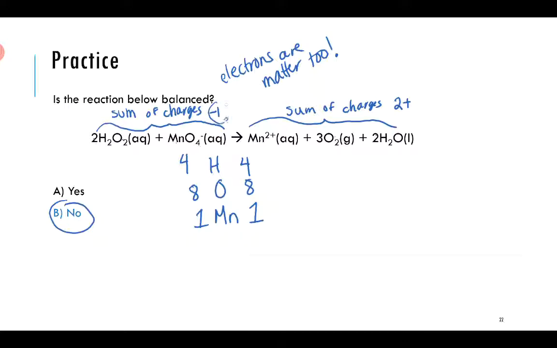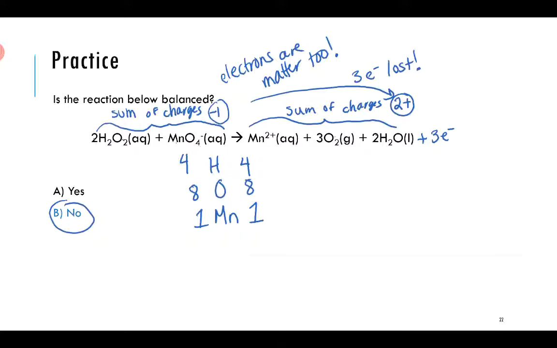And so to go from a -1 to a 2 positive, you would lose 3 electrons. And so this reaction is not balanced as written.